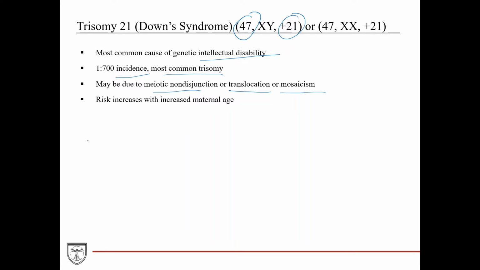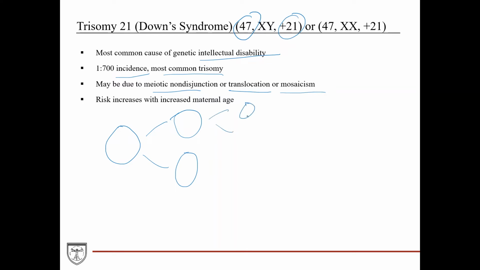So mosaicism, real quick. During embryonic development, you have cells that are dividing to form the embryo as it grows. And so you keep dividing and dividing. Mosaicism is essentially 2 different cell populations or 2 different cell lines within one individual. So you have cells dividing here.